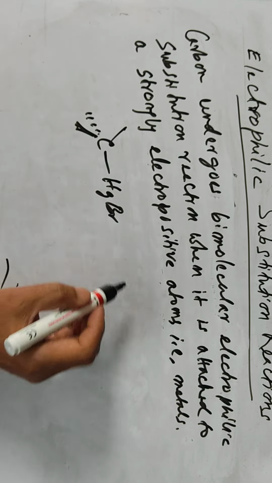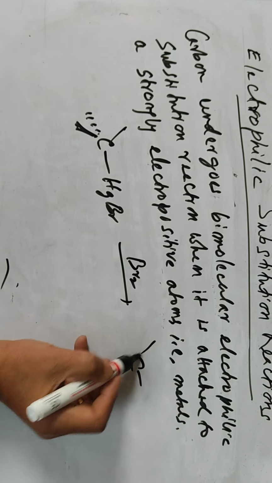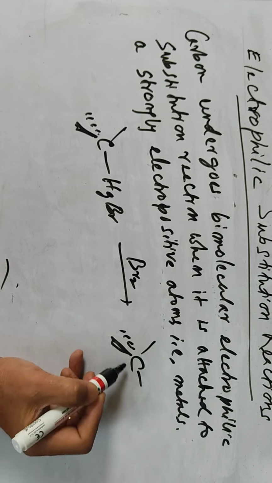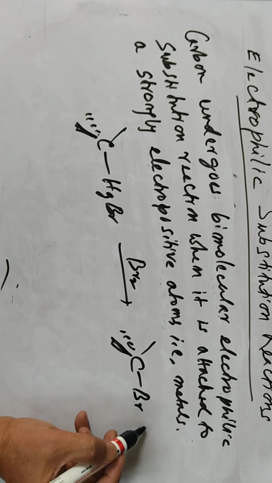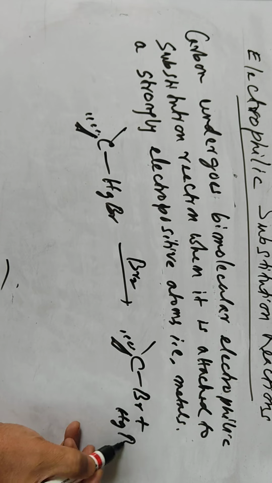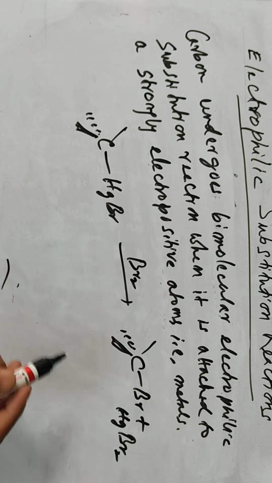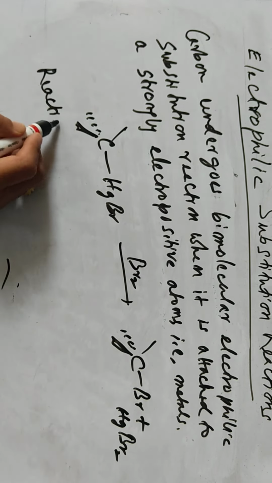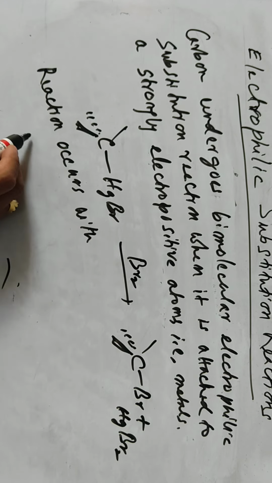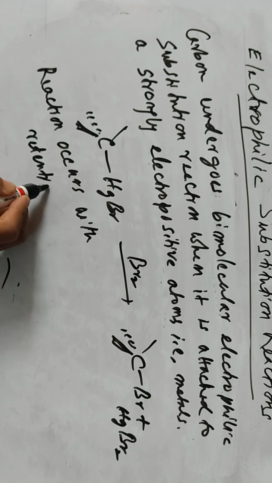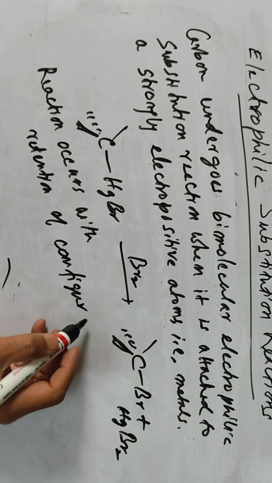When a reaction takes place with bromine, then you can have this type of substitution, with retention of configuration, plus HgBr2. So this reaction occurs with retention of configuration, just like SNi.